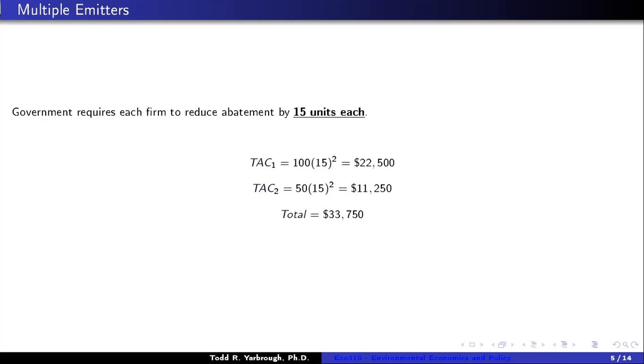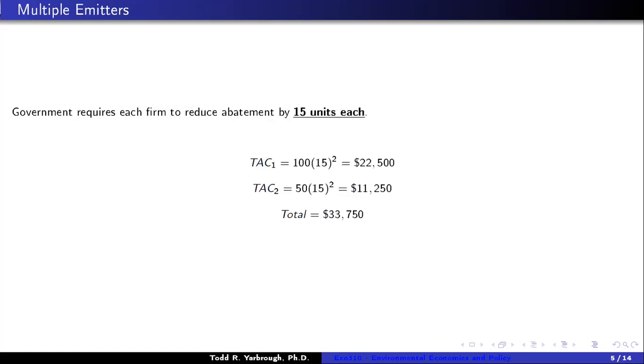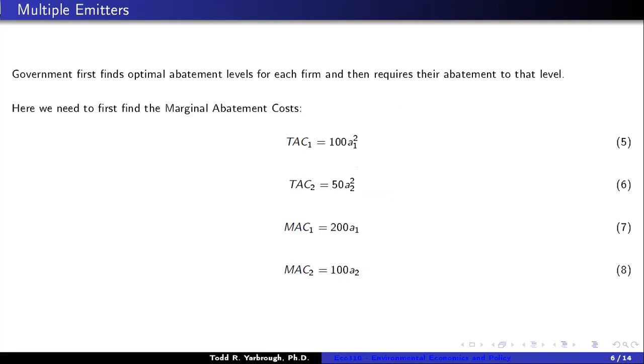We're going to compare this to another outcome in just a moment to see if we can do better. We have established that the optimal level of abatement is 30 units. If we simply have each firm split that optimal abatement across them, the resulting cost is $33,750. So the question is, can we do better? And the answer, of course, is yes.